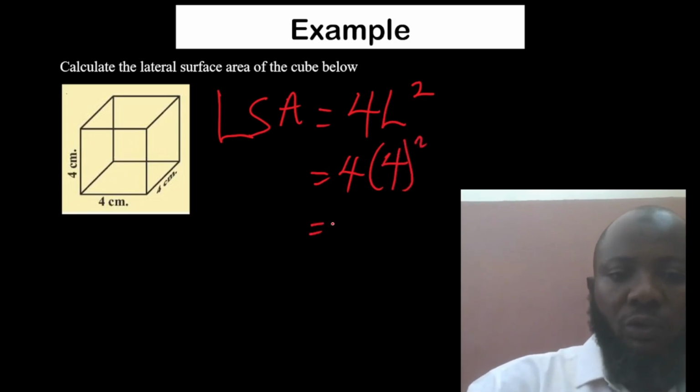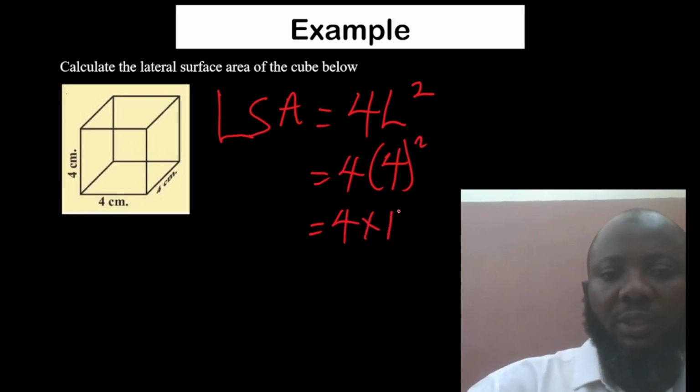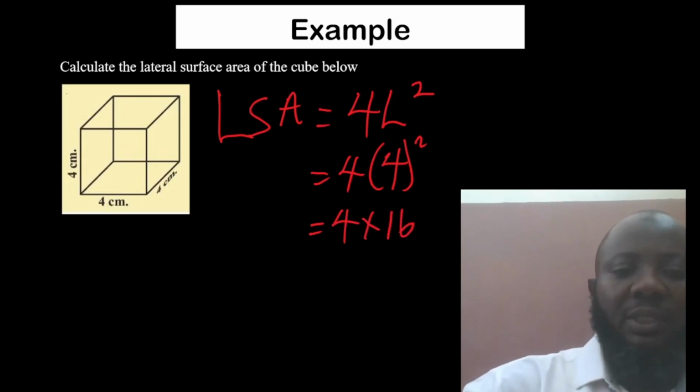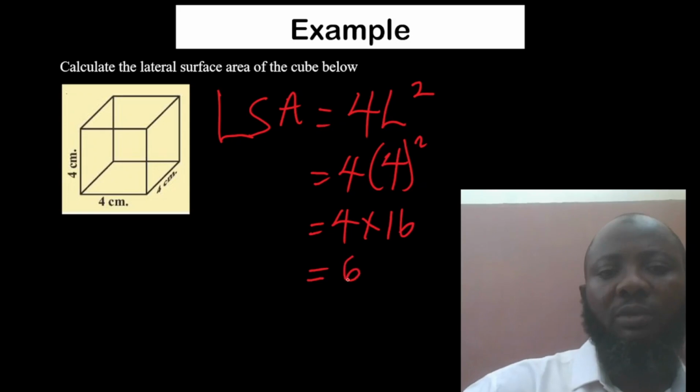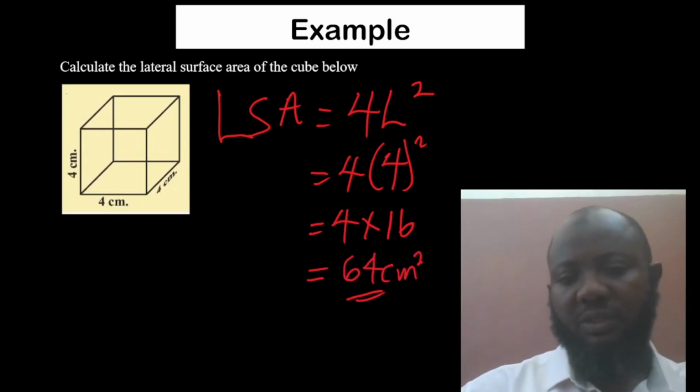So that will give us 4 times 16, which is 64. The answer is 64 centimeters squared. I hope this is very clear to you.